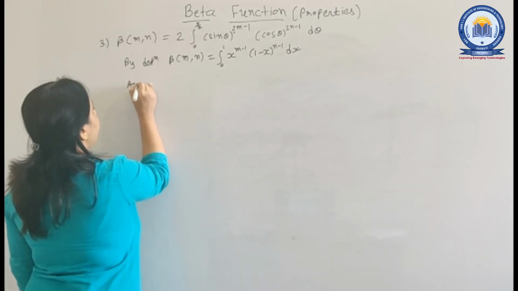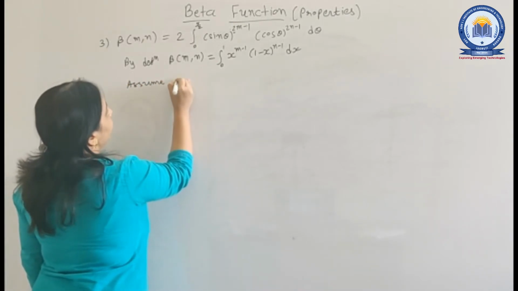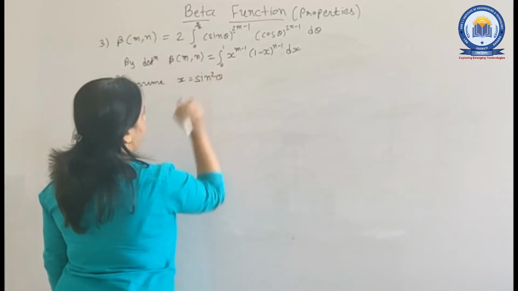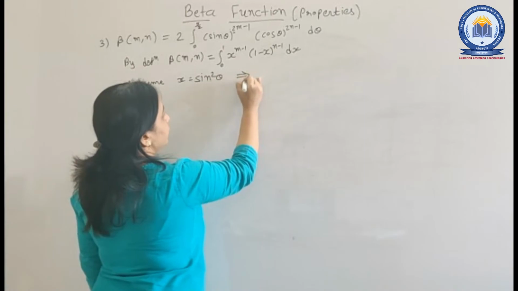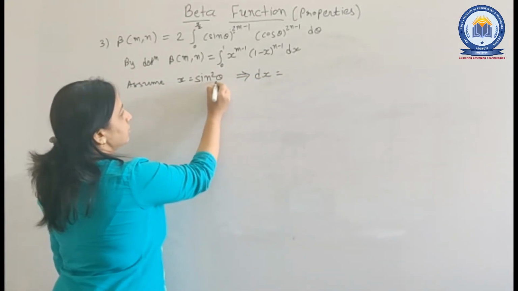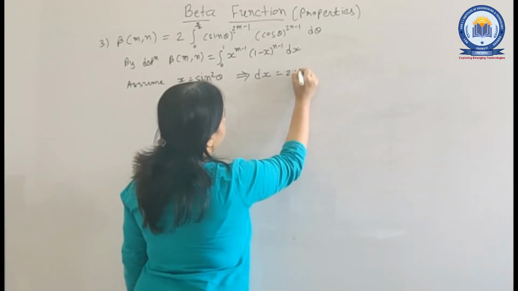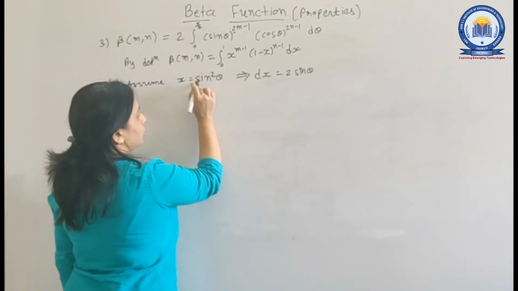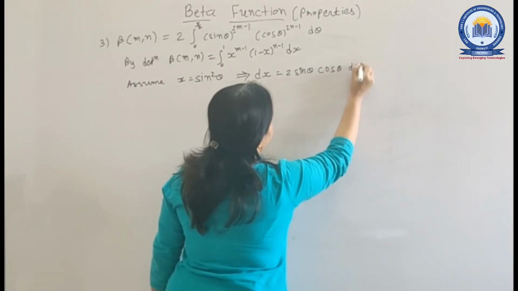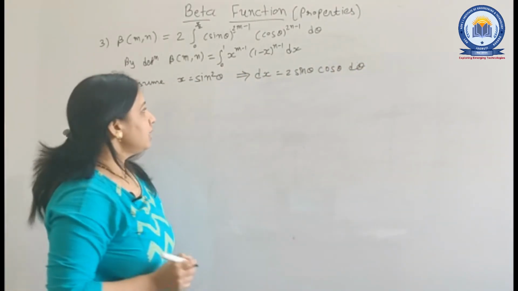So assume that x equal to sin square theta. So again differentiation. So we can write dx equal to 2 sin theta, again differentiation of sin theta, so cos theta and d theta, right?